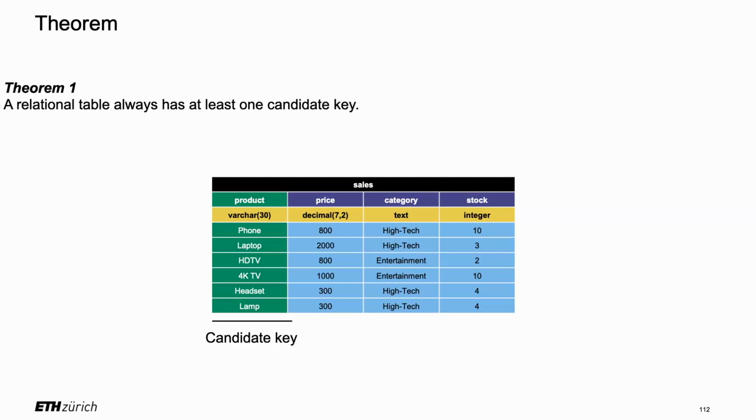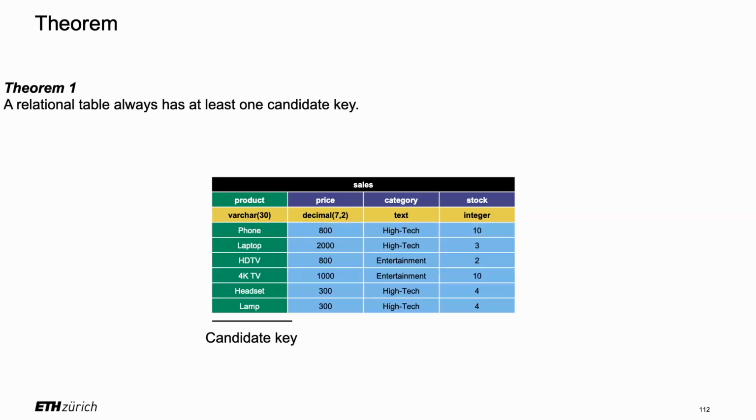So it means that somewhere in between, at some point, if I remove some attribute, it has to stop being a super key, right? So this is why I have the guarantee that at some point I get a candidate key. As soon as I can no longer remove any attribute, I have a candidate key. Who agrees? So there's always, always, always at least one candidate key.